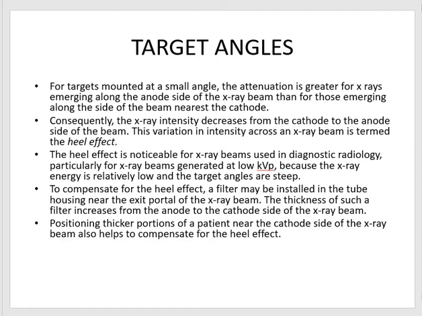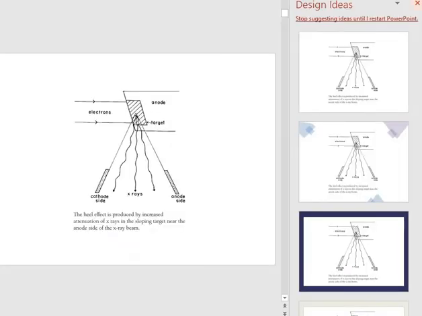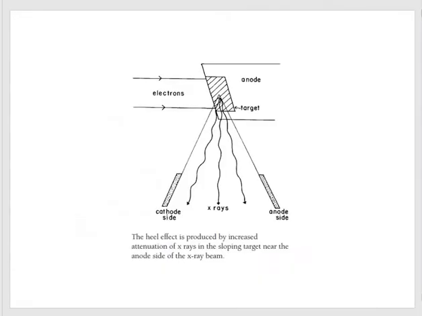Another way of overcoming the anode heel effect is by positioning the thicker portion of a patient near the cathode side of the X-ray tube to compensate for this heel effect. Let's have a look at this diagram.